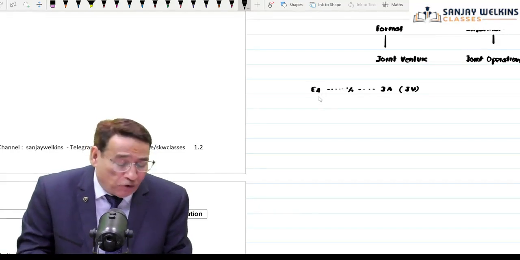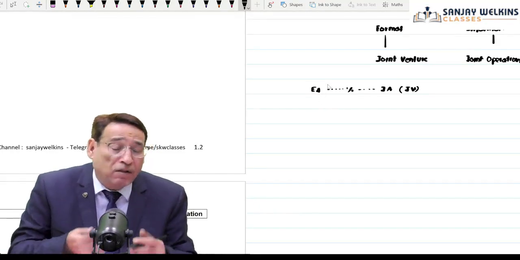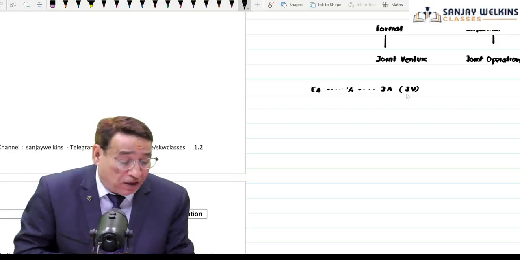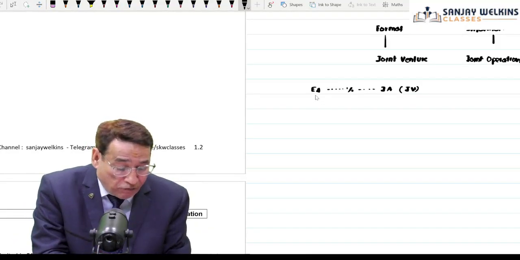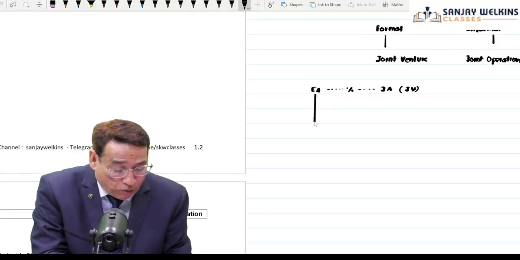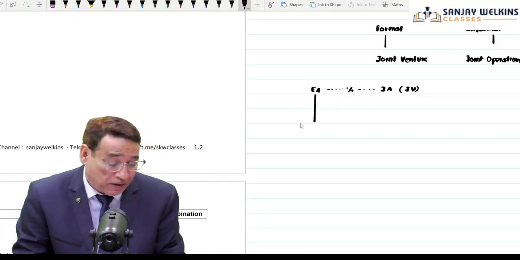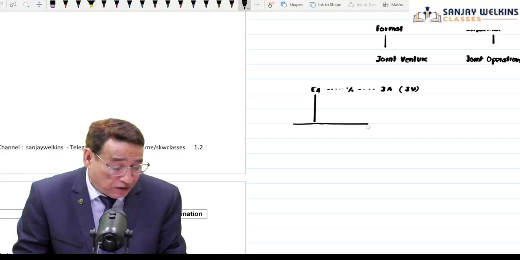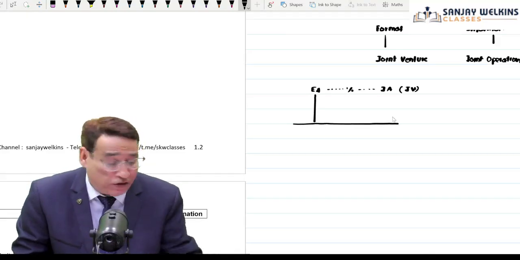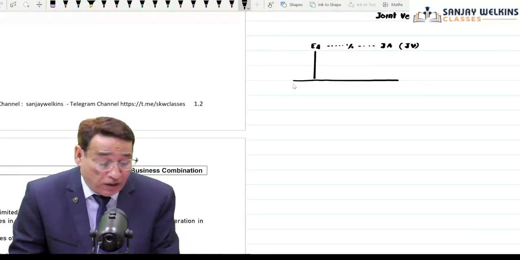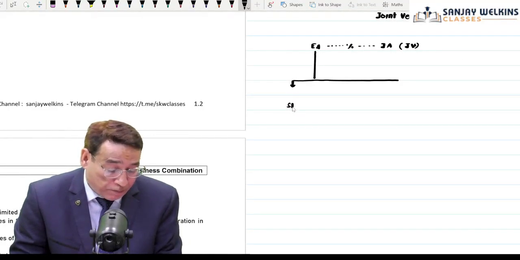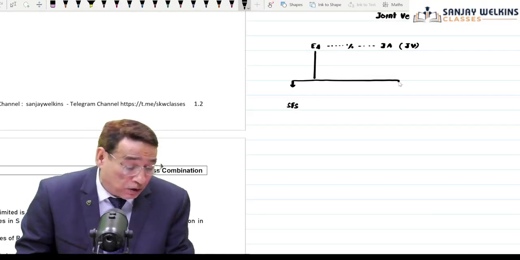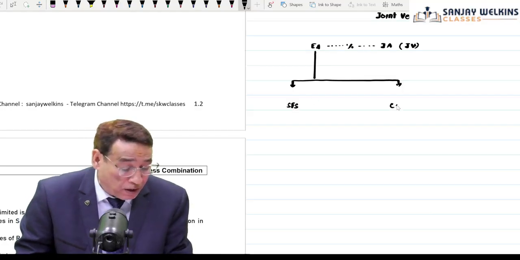If E4 is an investor having some stakes in a joint venture, the investor entity will have to prepare two types of financial statements: one separate financial statement and consolidated financial statements.